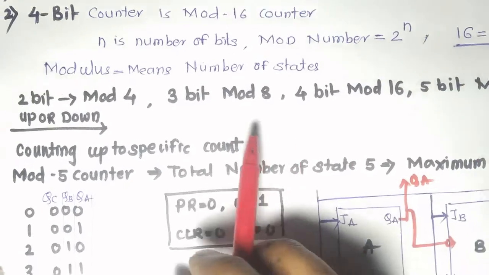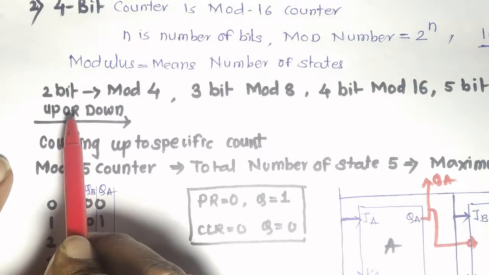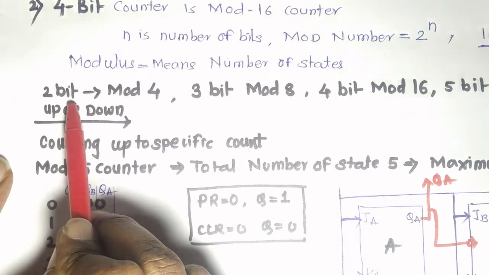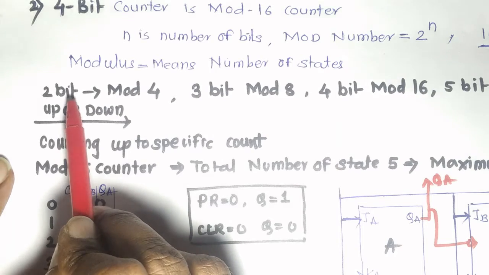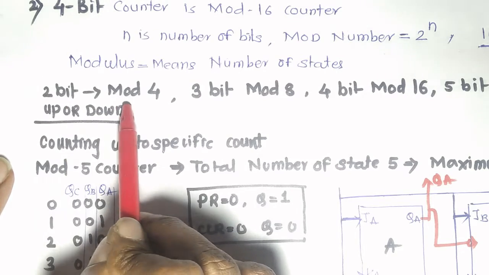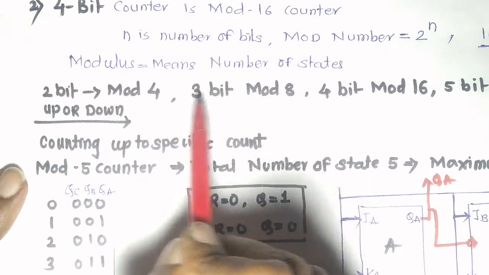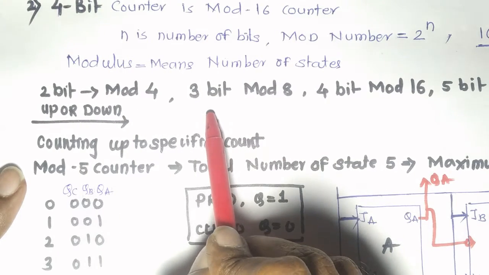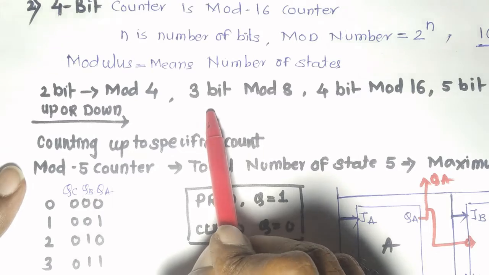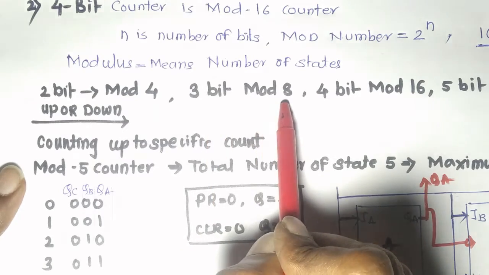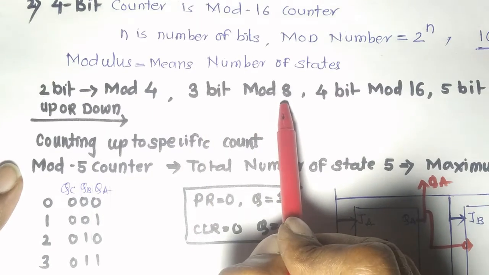Now if there is a 2-bit counter, then this counter can be called a modulus 4 counter or mod 4 counter. If there is a 3-bit counter, then that counter is called a mod 8 counter or modulus 8 counter.